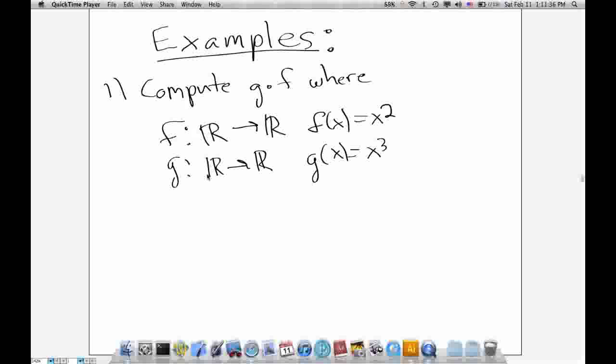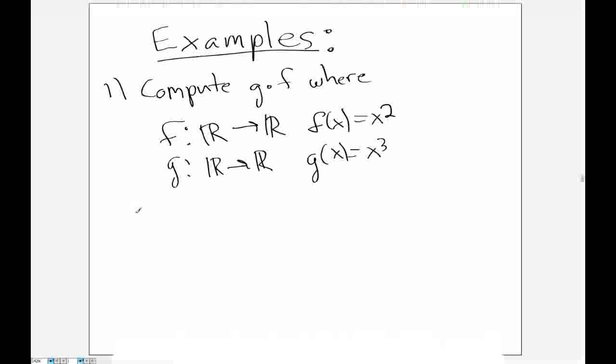Now we're going to do some examples that involve real functions. So let's say we want to compute g of f, where f is the function from the domain of reals to the codomain of reals, where f of x is defined as x squared. And then g is the function from reals to reals, where g of x is described by x cubed.